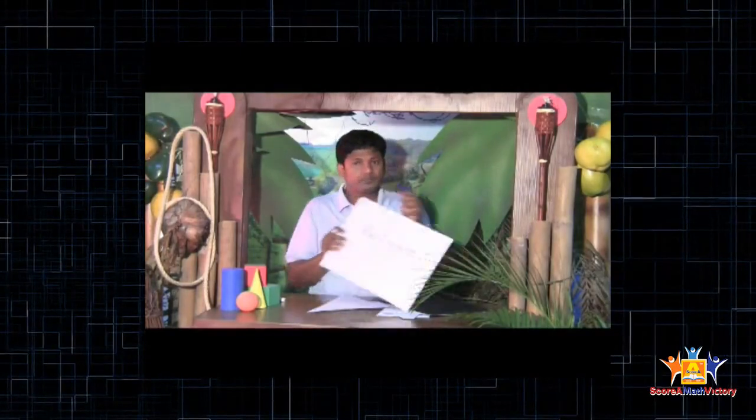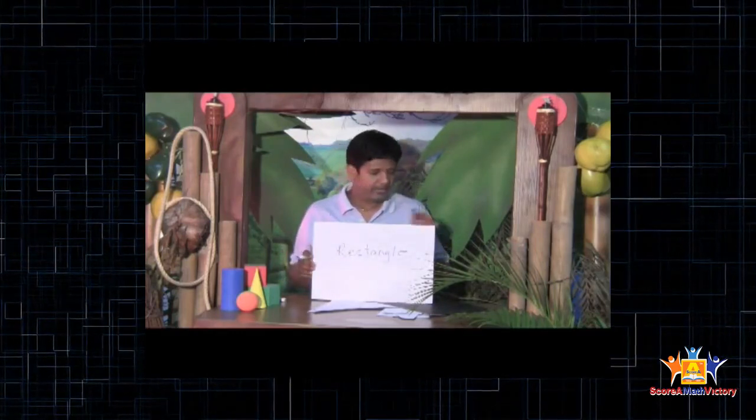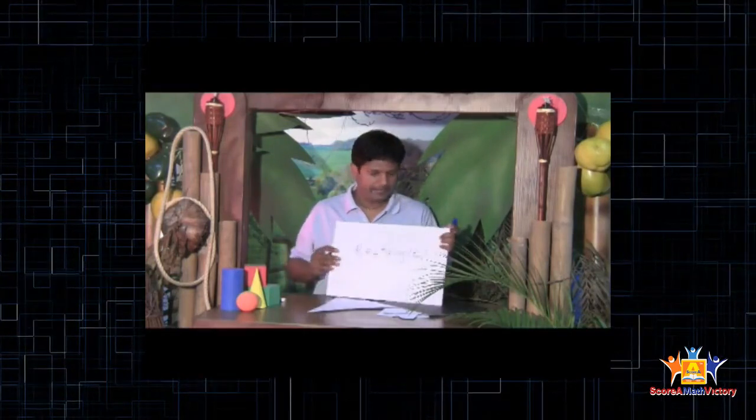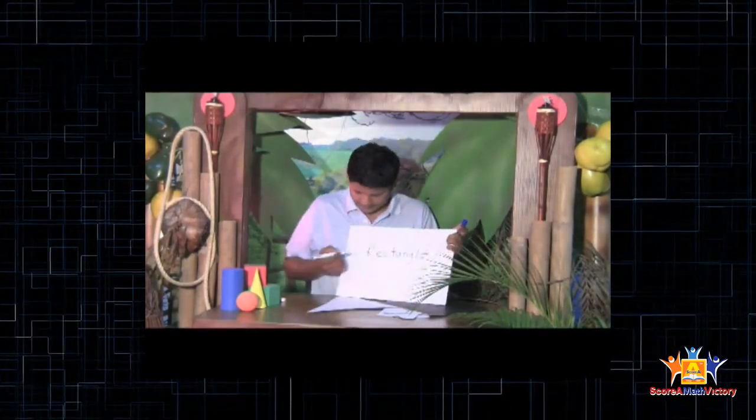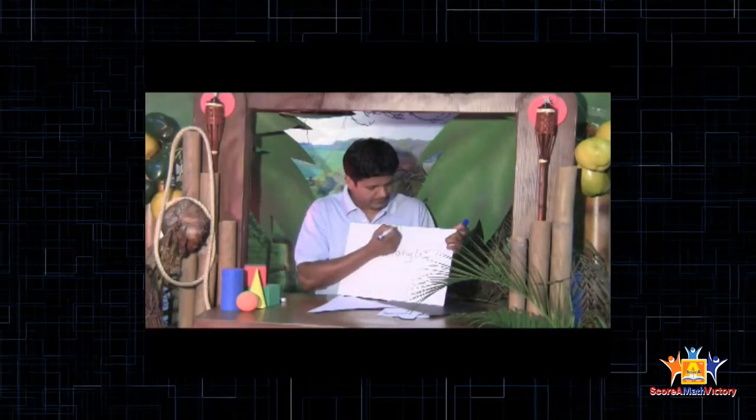Now again, the difference between square and rectangle is, for rectangle, this breadth and this breadth are identical. In other words, this width and this width are identical. So this and this are identical, and then the top and the bottom length are identical. See, this is how you do that.